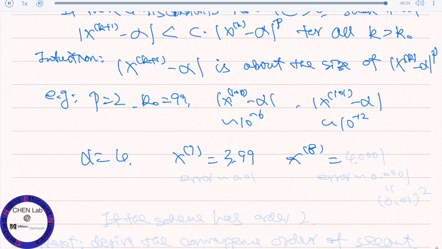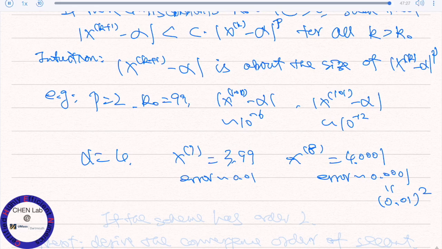Four, right? 10 to the negative 2 squared. So this one maybe is like 4.001. Here the error is about 0.01, and here the error is about 0.0001, which is 0.01 squared.